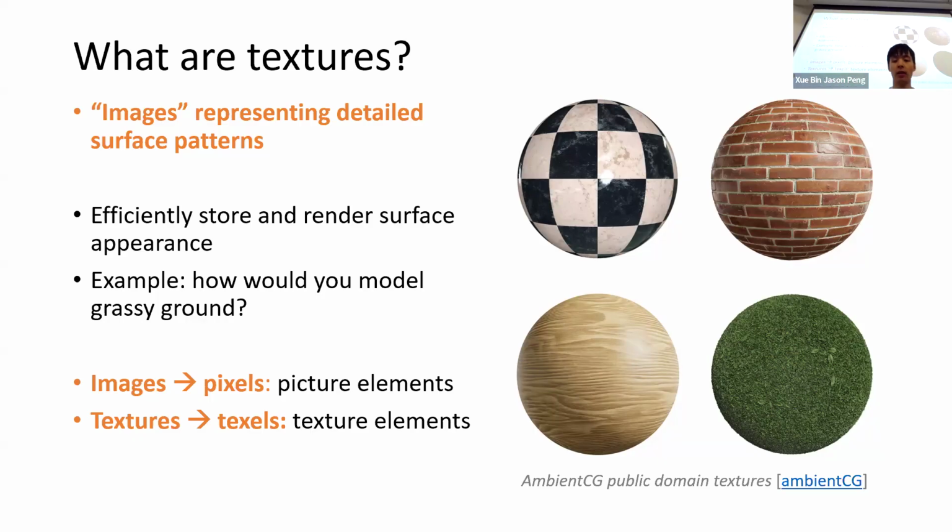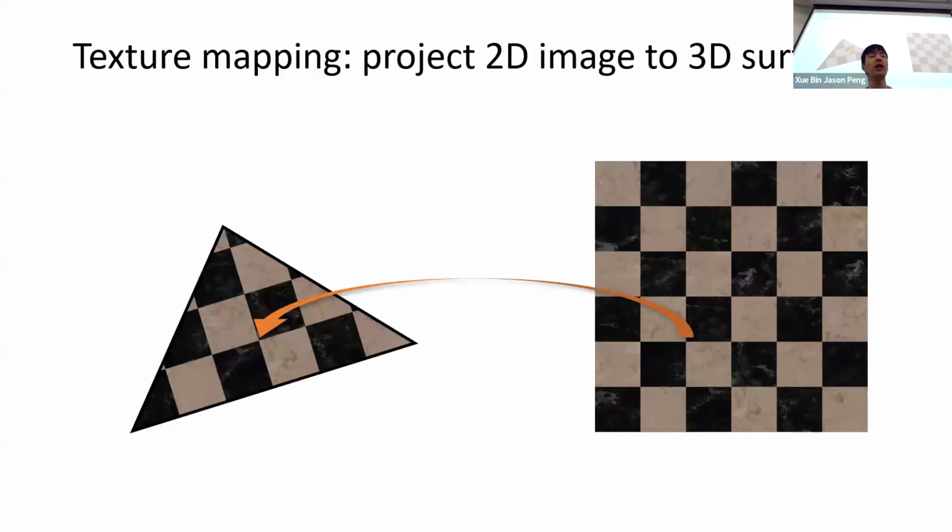Okay. So let's say we have a texture that represents a surface pattern that we want to apply to the surface of an object. The key challenge then is how do we map a 2D texture onto the surface of a 3D shape?